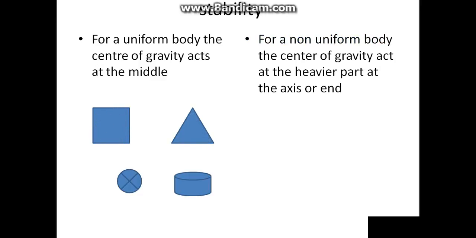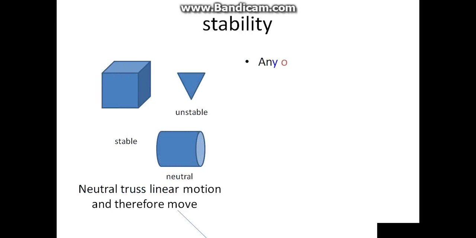Stability. For a uniform body, the center of gravity acts at the middle. For a non-uniform body, the center of gravity acts at the heavier part, at the axis or end. Stability. For any object, if its center of gravity is lowered when displaced, that object is stable.